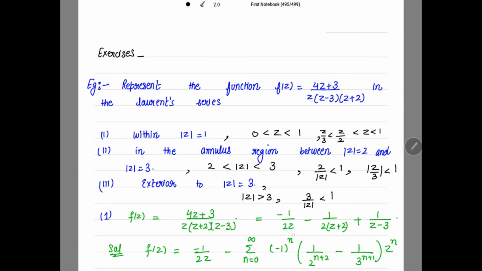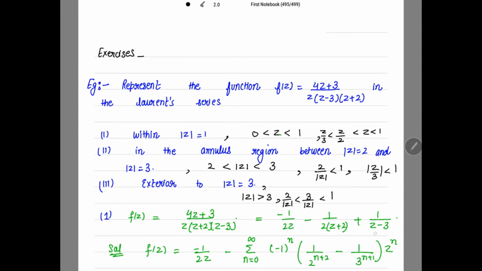Now, first term is as it is. For the second term, what should I take common? I need z to be in the denominator. So, I should take z common, so that I will get 2 by z in the denominator. And obviously, if 3 by mod z is less than 1, then 2 by mod z is also less than 1. For the third part, I need 3 by z.